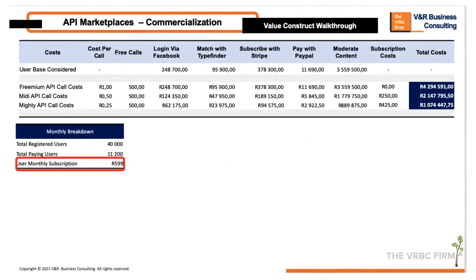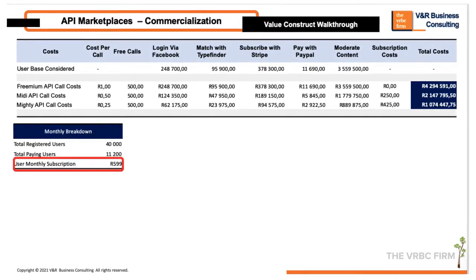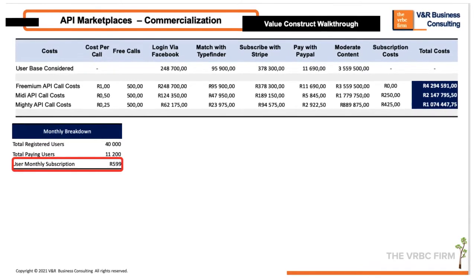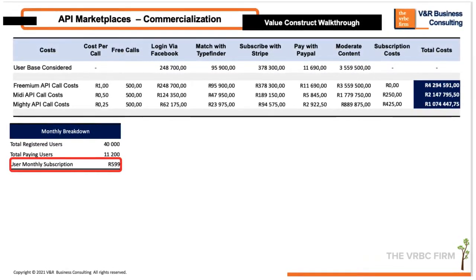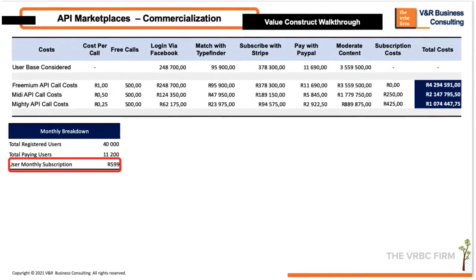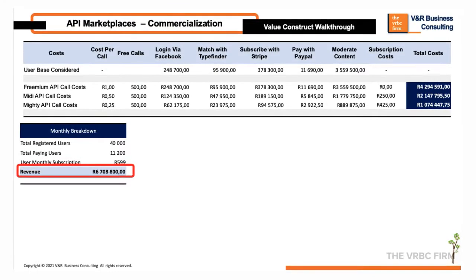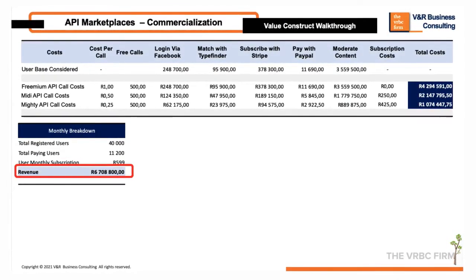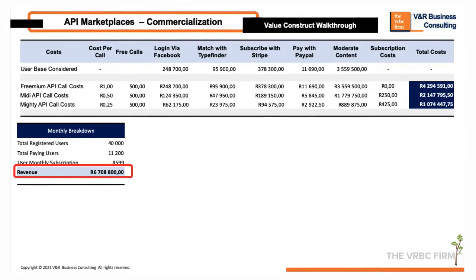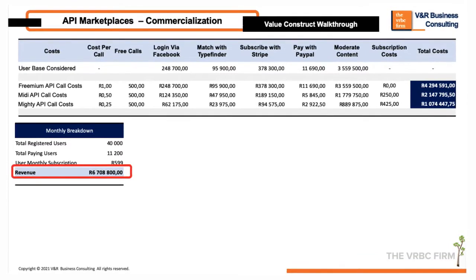Well, we've done some market analysis and decided that 599 Rand per month makes a fair subscription cost for users to access the paid features on our platform. At the number of paying users we've estimated, the revenue per month is as depicted. Not bad at all to bring in on a monthly basis with such a small user base.